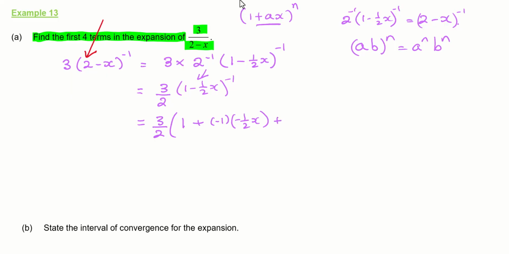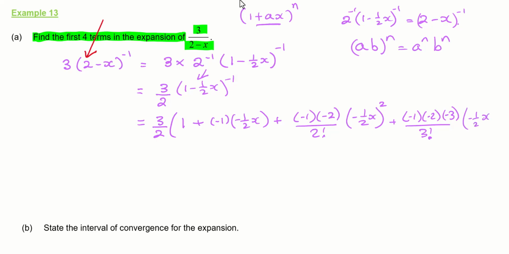Then we're going to have negative 1, n minus 1 is negative 2, over 2 factorial, and then we'll have negative a half x squared. And then we're going to have negative 1, negative 2, negative 3 over 3 factorial, negative a half x cubed, and so on.